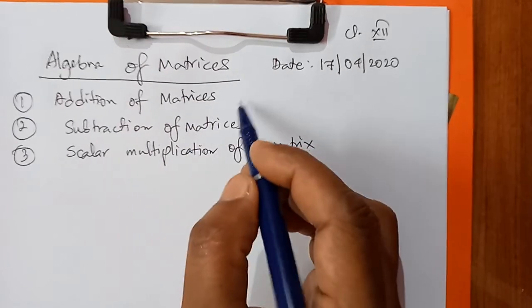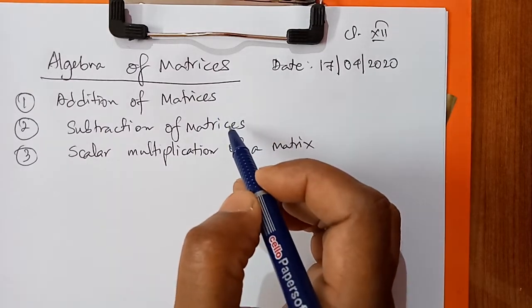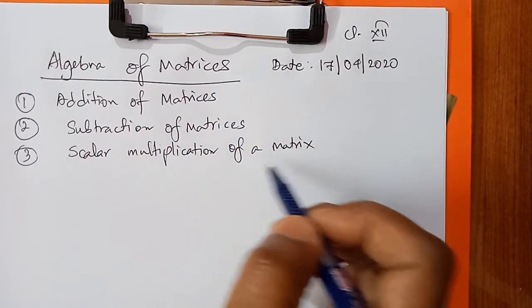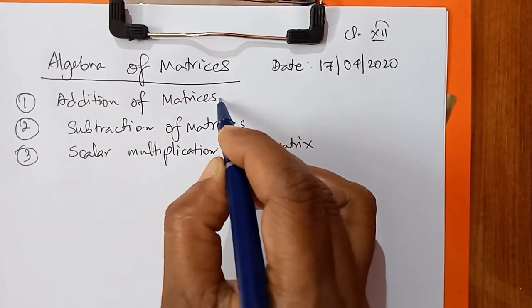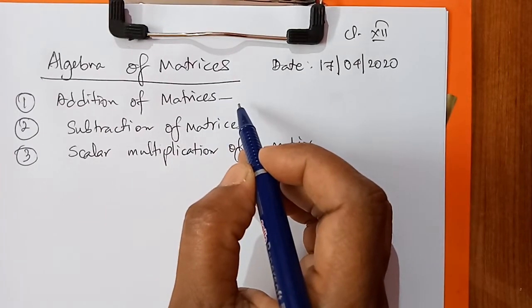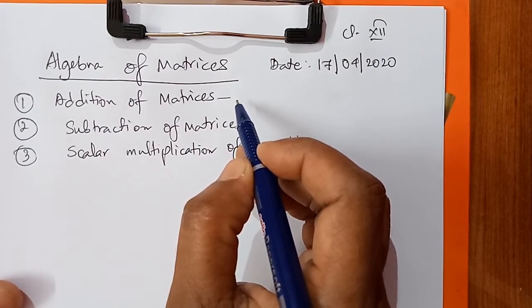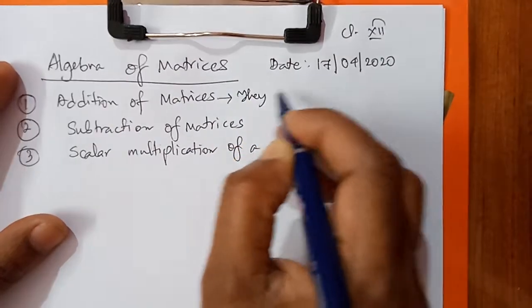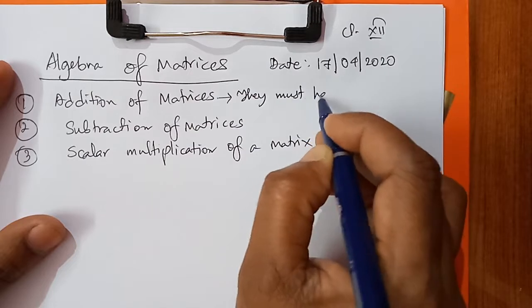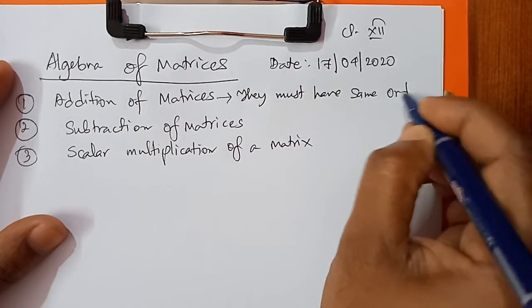Now see, first and second, addition of matrices and subtraction of matrices, these two are very simple, and scalar multiplication of a matrix is also very simple. So when you add matrices, maybe two matrices, maybe more than two matrices, they must have the same order.